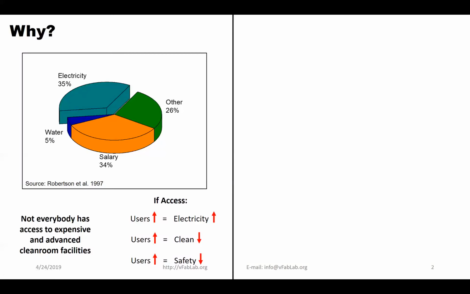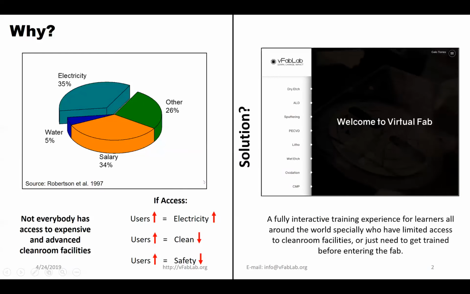The other issue is whenever there are users at the beginning level, they can potentially be exposed to safety hazards. So based on all this, the idea was, can we have a fully interactive training experience for learners all around the world, especially those who have limited access to clean room facilities.